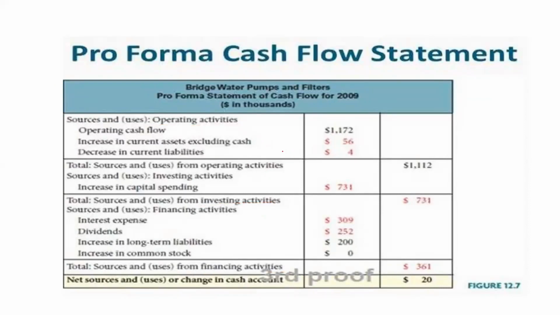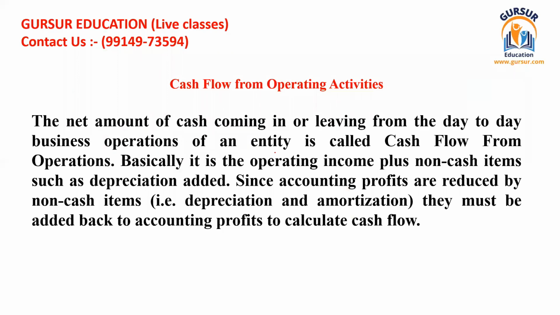So in all these activities the cash is involved. One by one we shall be talking about all these, although this topic has to be studied in detail when we talk about the accounting subject.